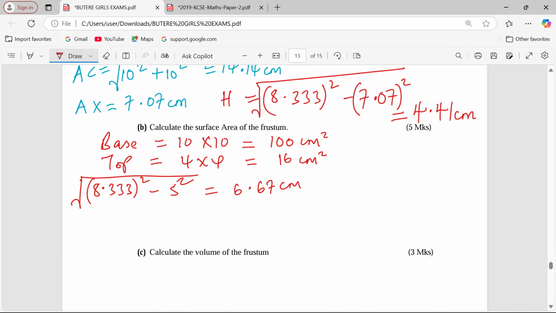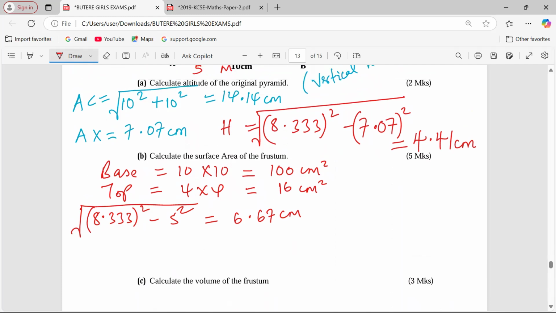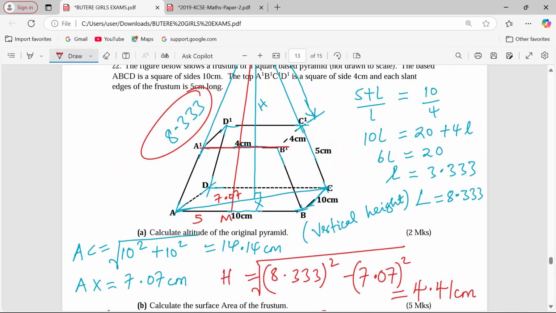Then we also have a smaller triangle which is being cut off. The smaller triangle will also have a certain small height.